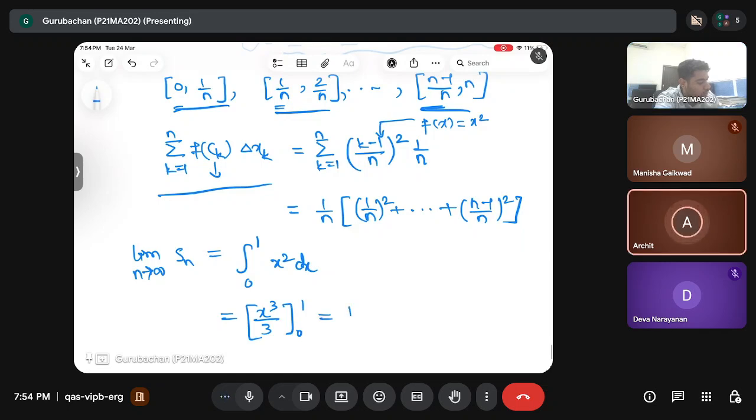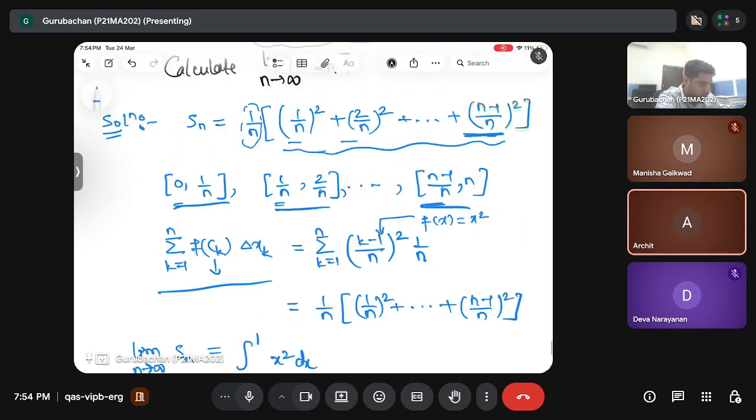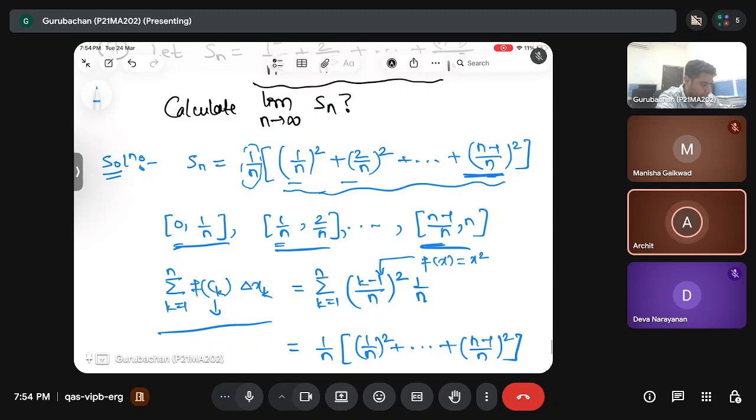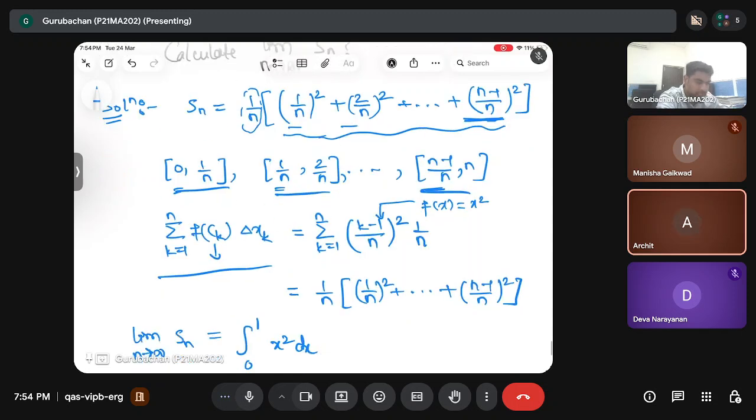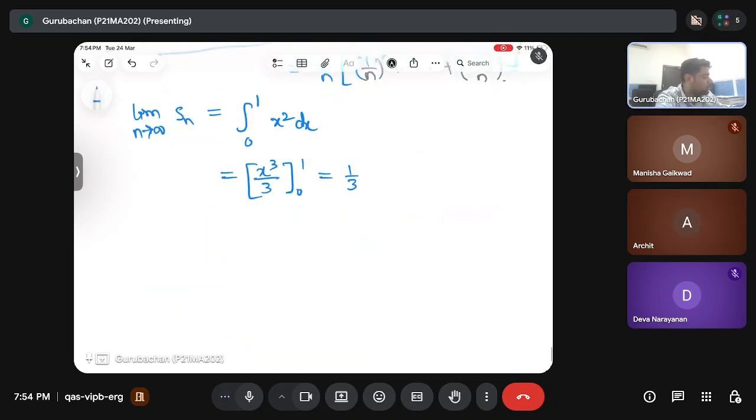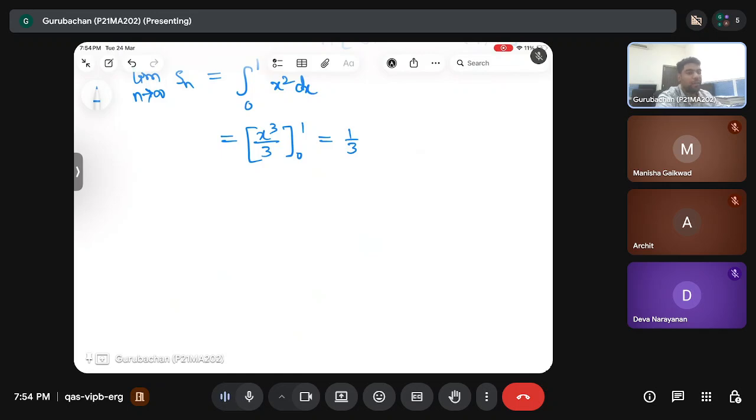Sir, in the last interval, n minus 1 by n to 1. Yes, you have written n, okay, sorry. Thank you, Archit. So, is it clear how we can calculate the summation with the help of the definite integration? And the reverse, obviously, we have learned from the last questions.